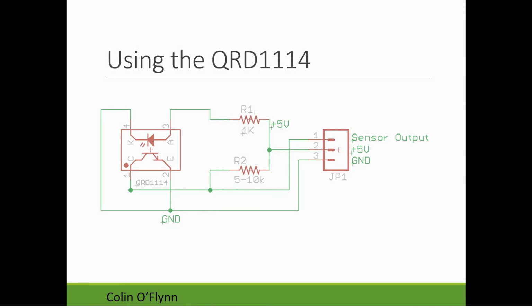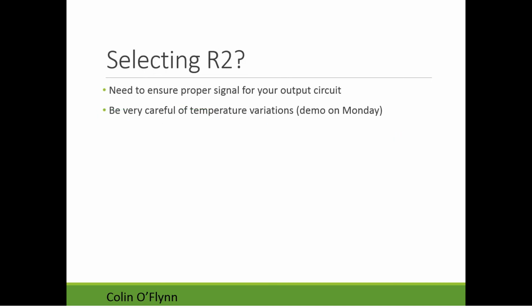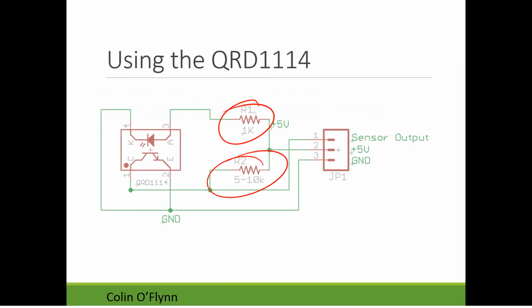This will require tuning, some of the output power of the diode, as well as, it has the same idea as the phototransistor, where when it detects light, more current flows through here, and that gives you a voltage output. So you just have to adjust what the standard current flowing through it is based on the light. So R2 is the critical one to select, and it depends.